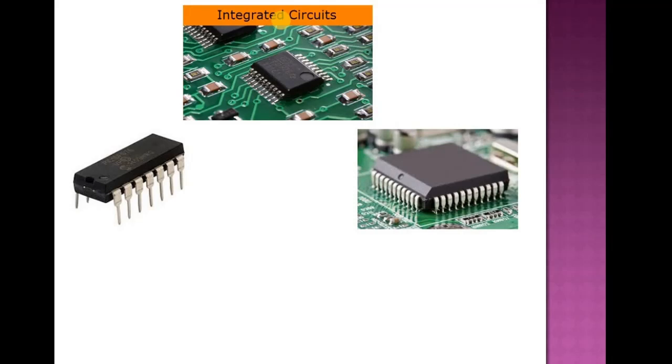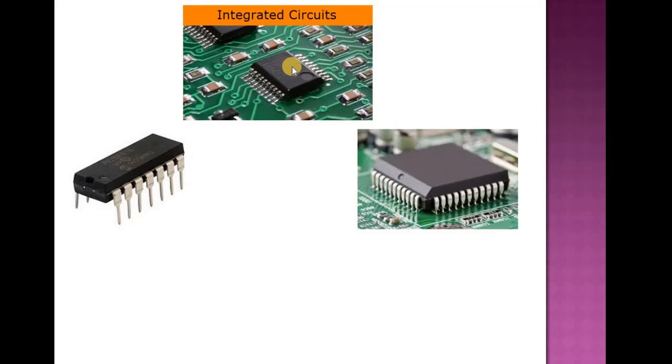The IC technology was also known as microelectronics technology, because we could integrate different components like resistors, capacitors and other minute things onto a small surface, probably 5 millimeter square.